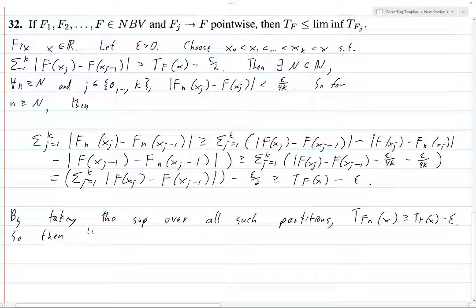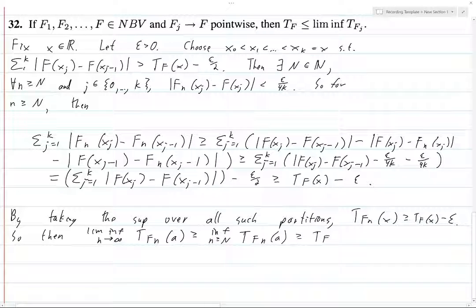So then the lim inf as n goes to infinity of Tfn of x is certainly greater than or equal to the infimum over all n greater than or equal to N of Tfn of x, which is greater than or equal to Tf of x minus epsilon. You're just taking this infimum of these things.